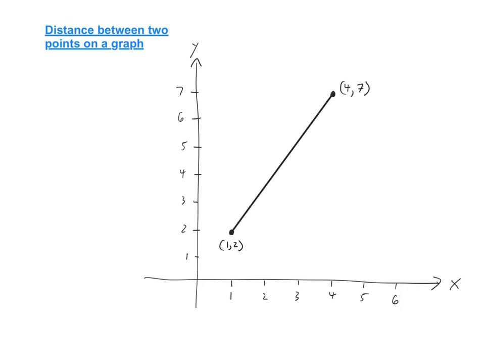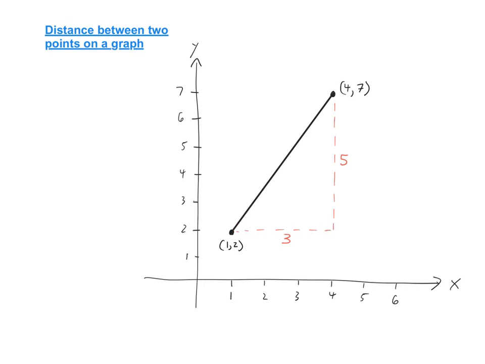We'll figure this out by drawing a simple triangle. So consider this triangle that I just drew. It's a right triangle. And notice that to move from here to here, we have to go from the x equals 1 position of the first point to the x equals 4 position of the second point.